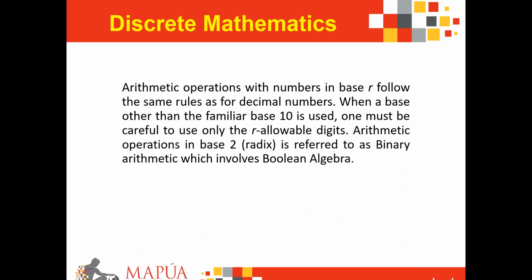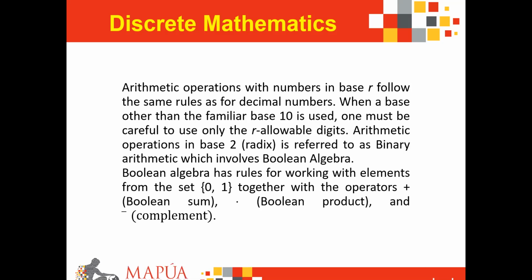Arithmetic operations with numbers in base R eventually follow the same rules as decimal numbers. When a base other than your familiar base 10 is used, one must be careful when evaluating arithmetic operations. Arithmetic operations involving binary numbers are often referred to as Boolean algebra.